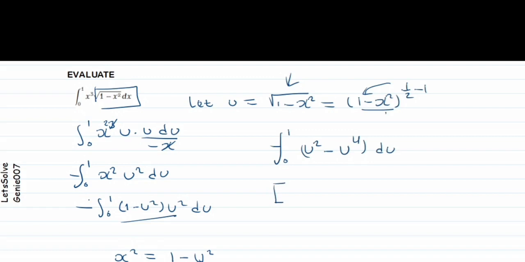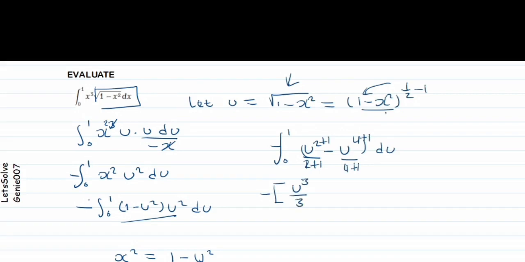So negative. Integrating u squared, we're going to add 1 and divide by the new power, which is 2 plus 1. We're going to do the same with this one. We add 1 and divide by the new power, 4 plus 1. In this case, the integral is going to be u to the power 2 plus 1, we get 3 over 3.